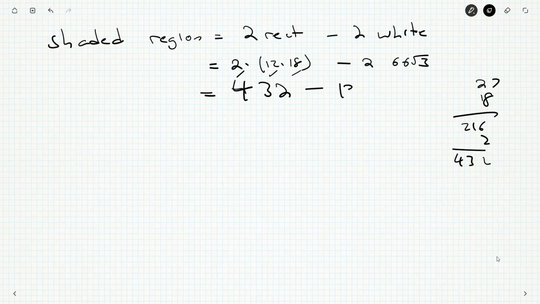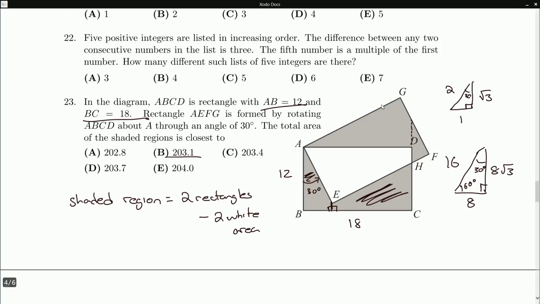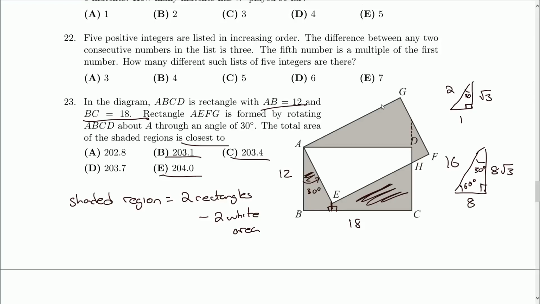Minus 132 root 3. Now, if we check our possible answers, we will not find this at all, because if we'd had a careful glance before we flipped to our notepad, we would notice their answers are all decimals, and our answer is closest to one of them. So, I'm going to grab my handy-dandy calculator.